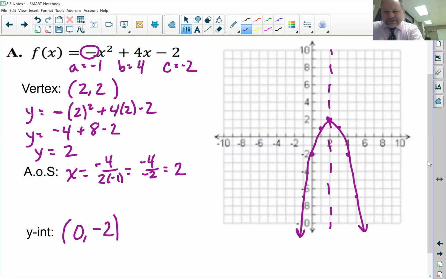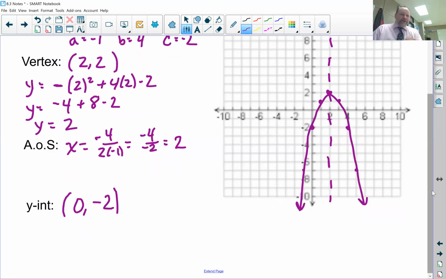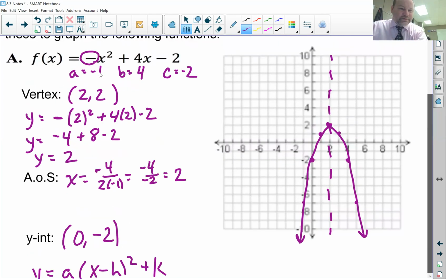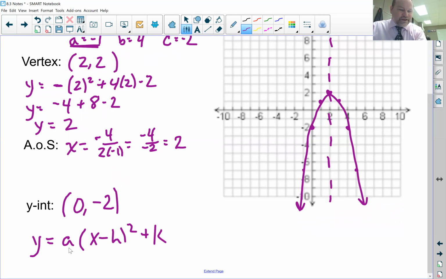Right? The last thing, I could write my equation in vertex form if I wanted to. To convert from standard form to vertex form, remember, vertex form is a(x minus h) squared plus k. In this case, a is -1. So the a that we have here is the same a we have here.